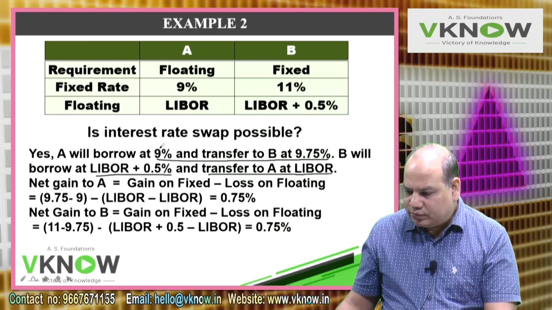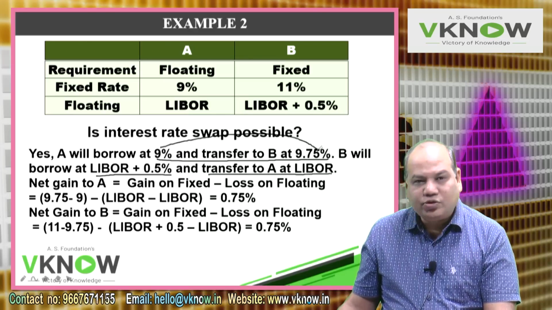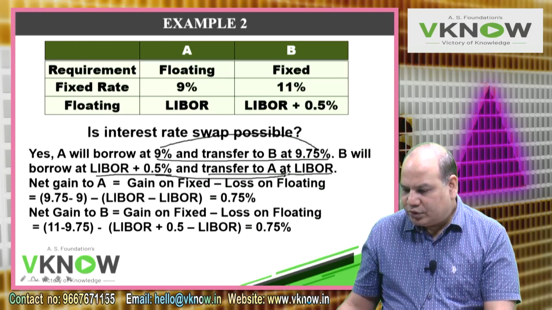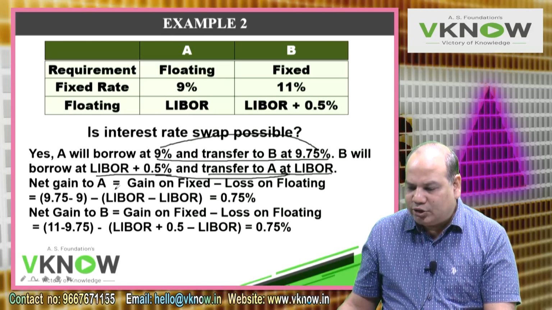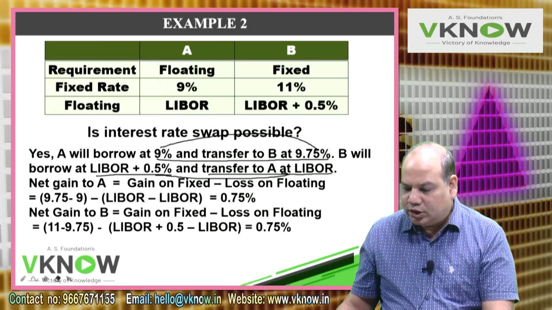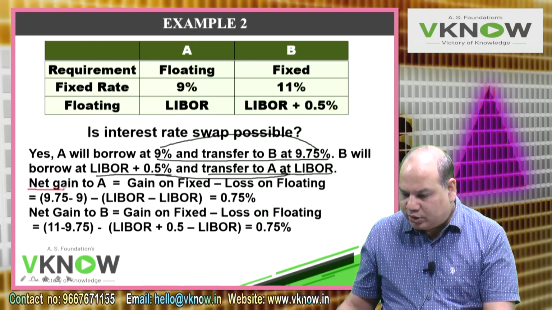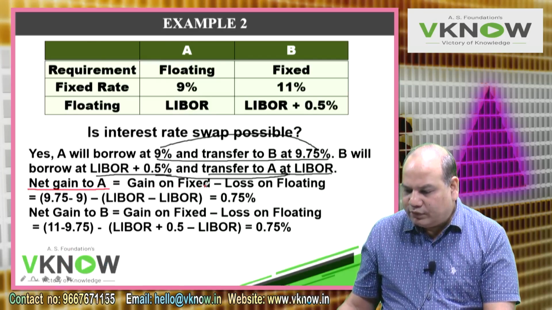Now in the fixed rate here, B gains 1.25%. In the floating rate here, B loses 0.5. So let us quantify them. Next line, net gain to A. Net gain to A would be gain on fixed minus loss on floating.